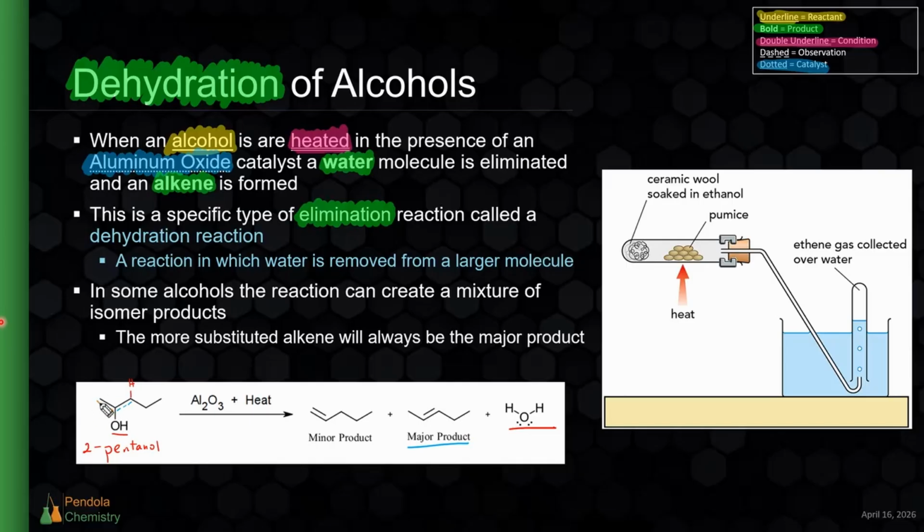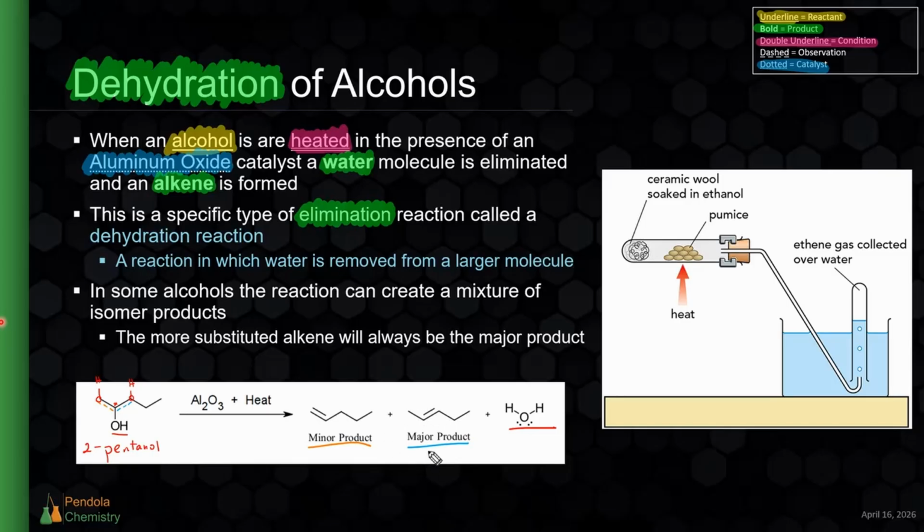In this case, this side. And when that happens, it will create this product with the double bond on that side. Because on either side of this carbon, where the alcohol is bonded, there is a hydrogen. This carbon has a hydrogen, this carbon has a hydrogen. As long as that carbon has a hydrogen, it can create the double bond with the carbon the hydroxyl group is on. So that creates 2 different products.